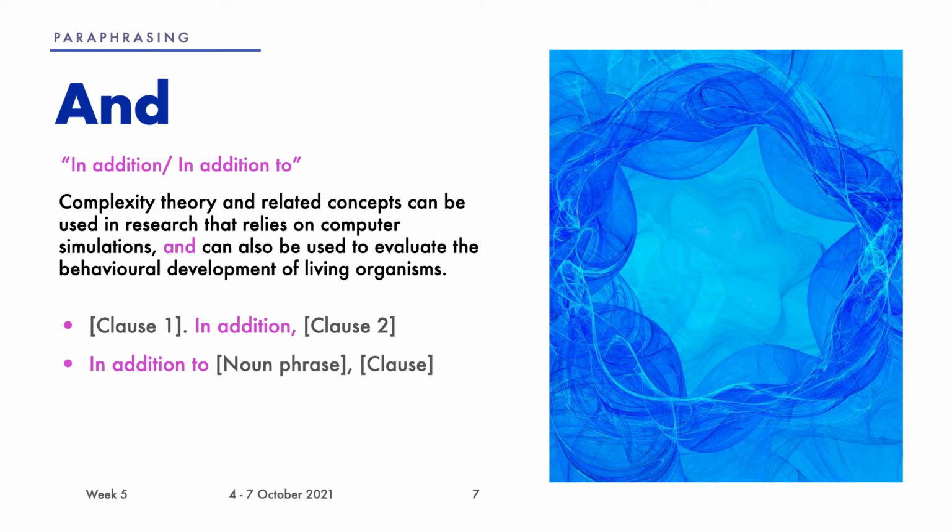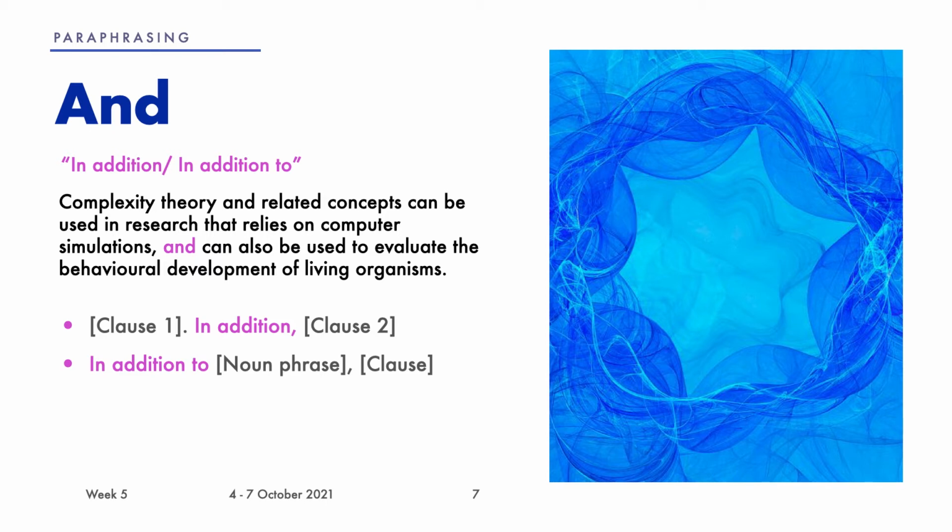You also need to paraphrase clause 1 and clause 2 in some other ways. But a better way to paraphrase the sentence would be using in addition to, so that the original sentence following and will have to be paraphrased into a noun phrase.